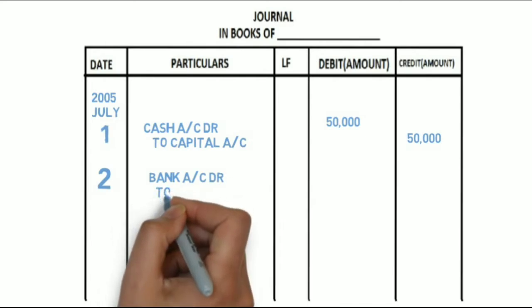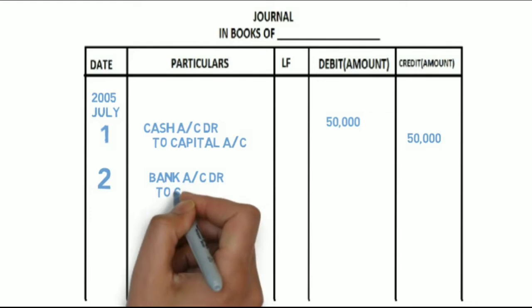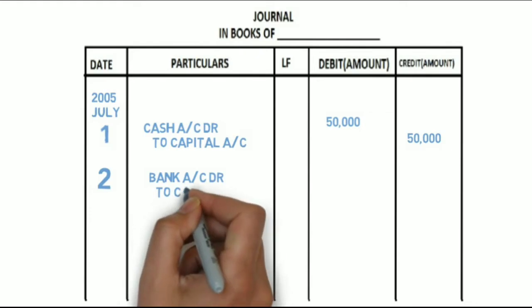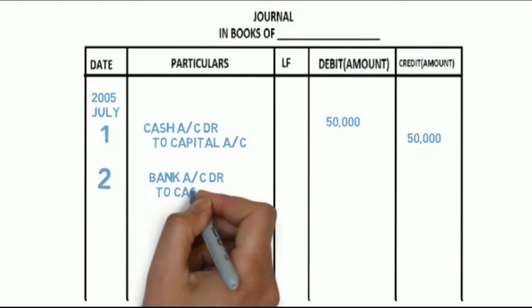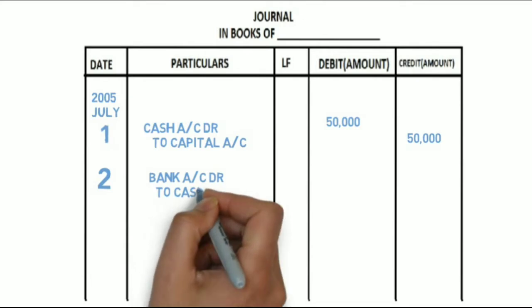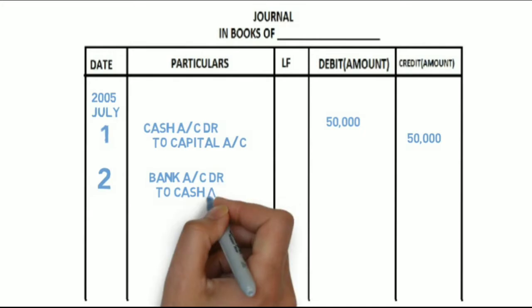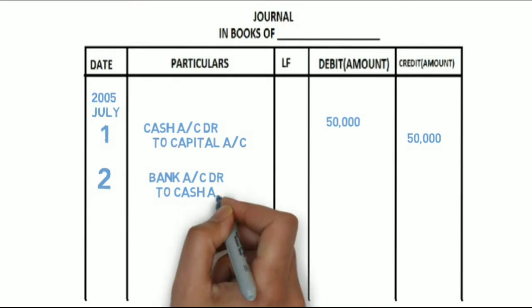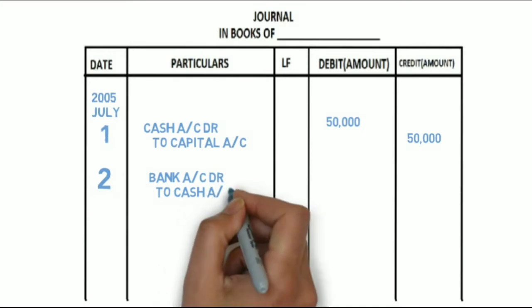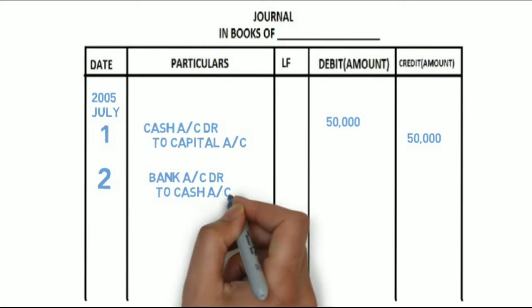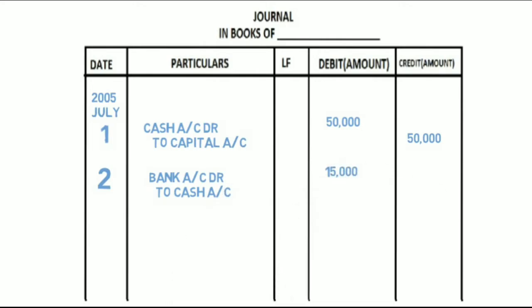Okay, so we have learned that when an asset is increased it is debit, and when an asset is decreased it is credit. Okay, so the accounts reflecting here are bank and cash. So bank is increasing and cash is decreasing.